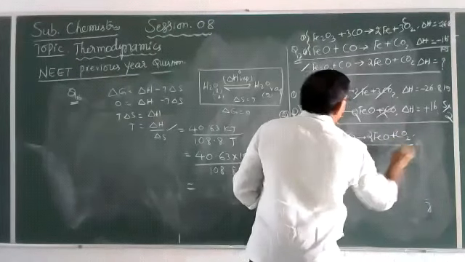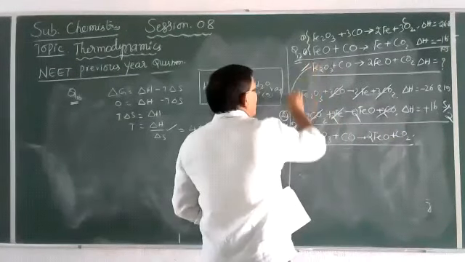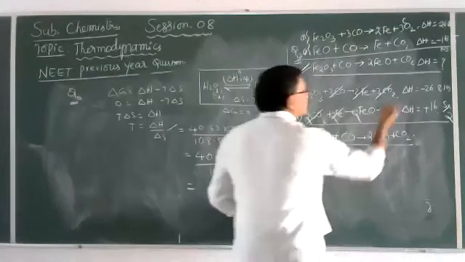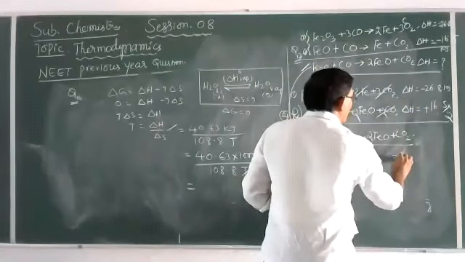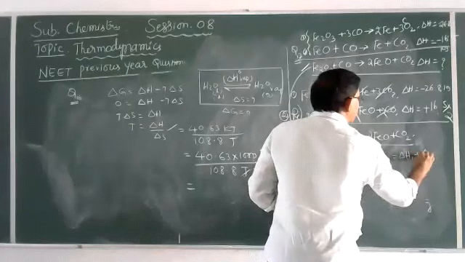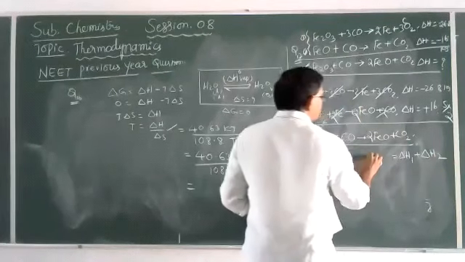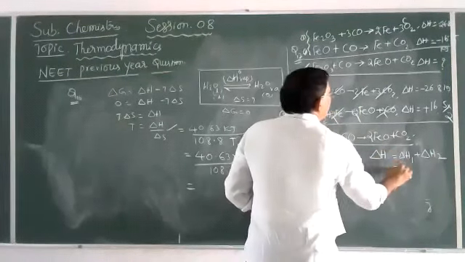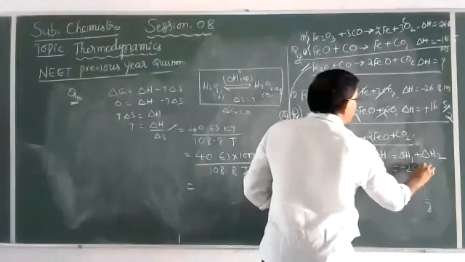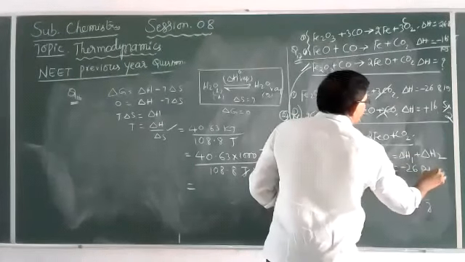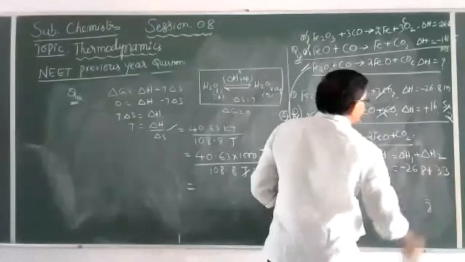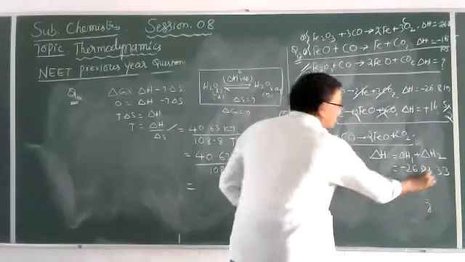Now, by adding equations 1 and 2, these two are equal. That's why this value is also delta H1 plus delta H2, that is minus 26.8 plus 33. Now the answer is a positive value.